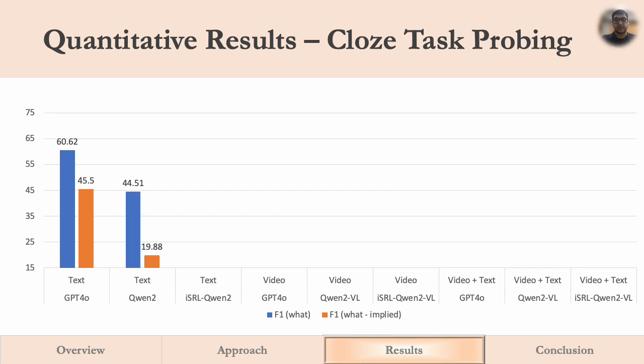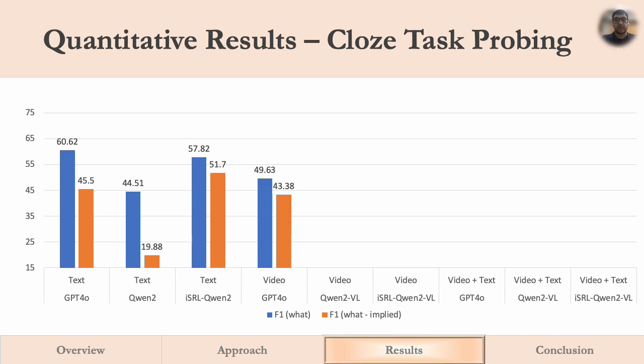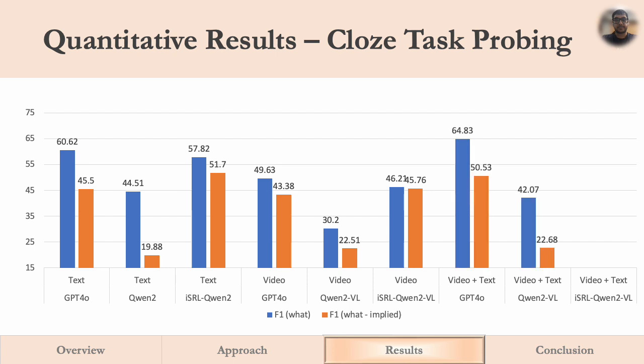In the text-only setting, the smaller Qwen2-VL model has a very poor F1 score for implicit argument prediction. However, the fine-tuned version has better performance than GPT-4o. A similar trend follows for video-only and multimodal settings. Overall, we observe that multimodal context is more helpful to predict the implicit and explicit entities.